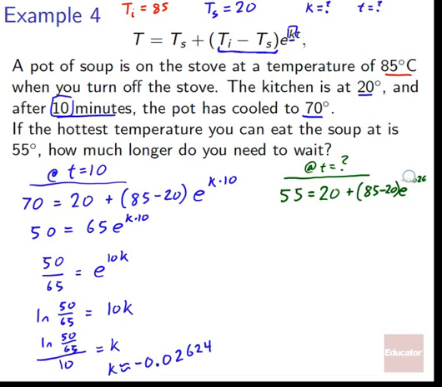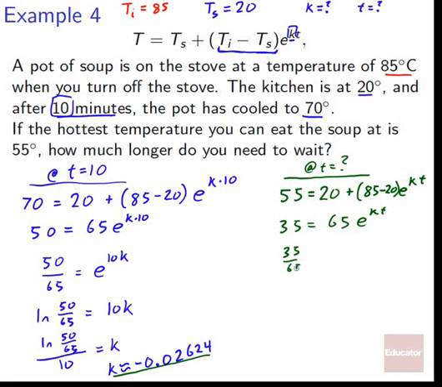I'll just leave that as k right now, and we can swap it out later when we need to figure out actual numbers. That's one trick to avoid having to do a lot of writing. So e to the kt. Subtract by 20 on both sides, we get 35 equals 65 e to the kt. Don't worry, we know what k is. We'll just plug it in when we get to needing it.